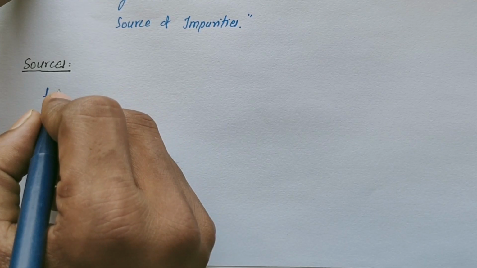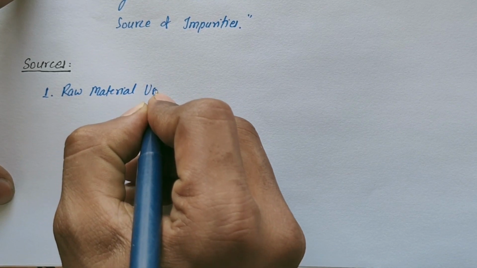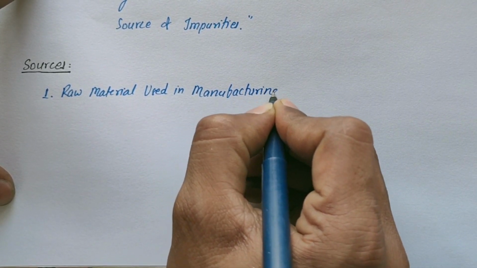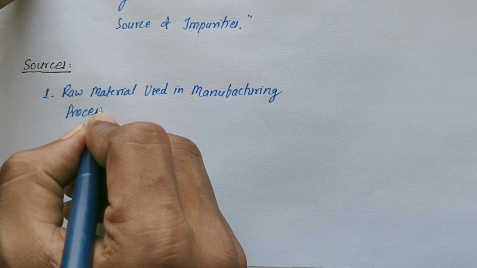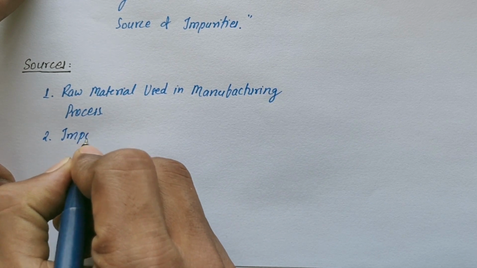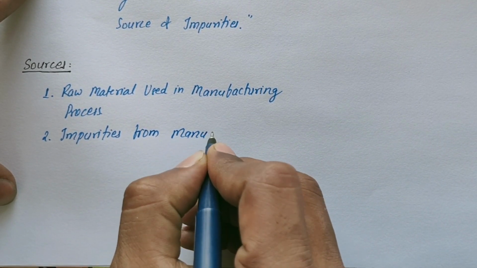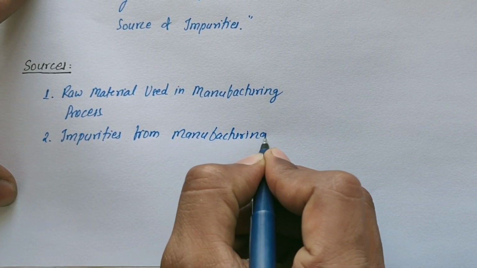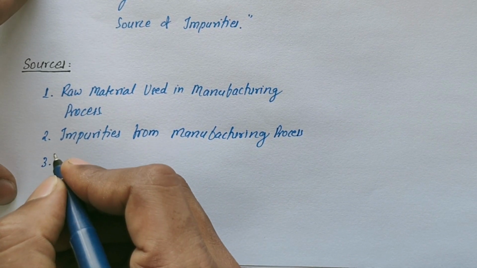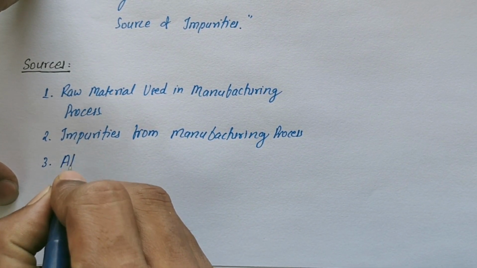The first group is raw material used in manufacturing process, so from there it can come. The second point is impurities from the manufacturing process itself, which can act as a source of impurities.